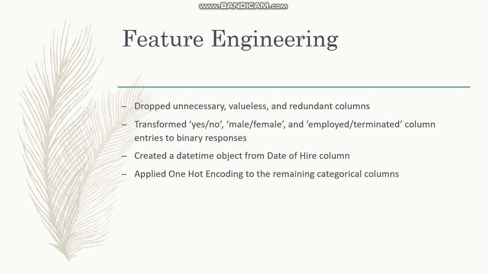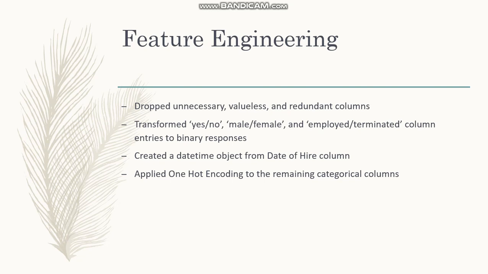After the simpler binary responses were transformed, I had to look at the date of hire column. The date of hire column, as it is, doesn't really give much meaning to how long the employee has been there. So I turned that into a date time object, and I'm going to talk more about the date of hire in the next slide.